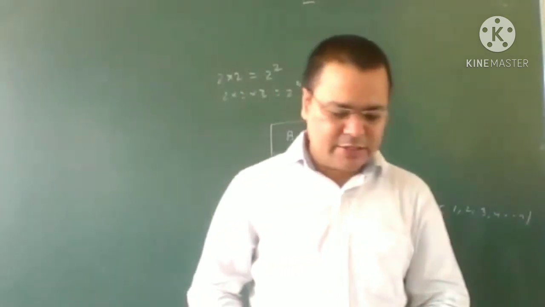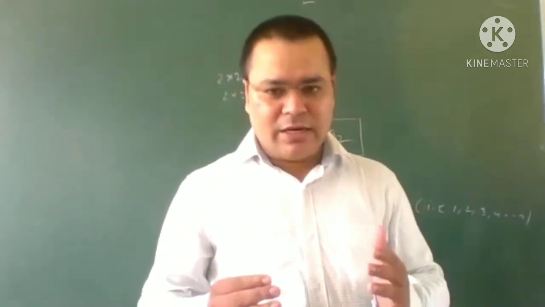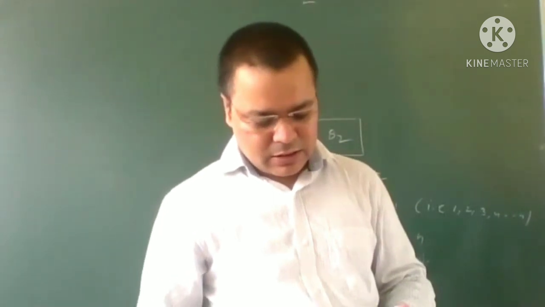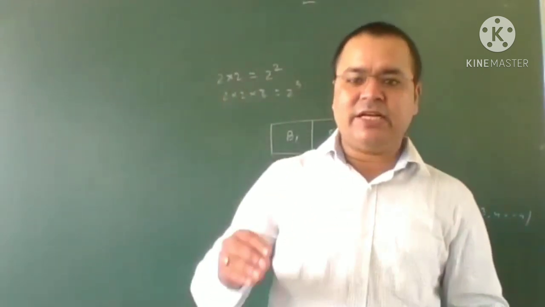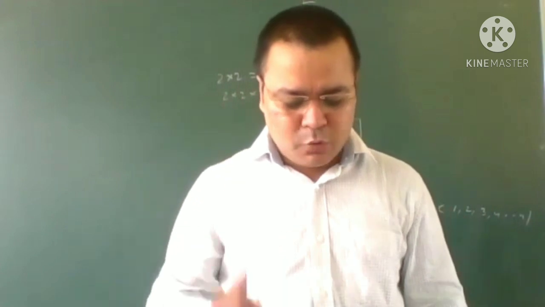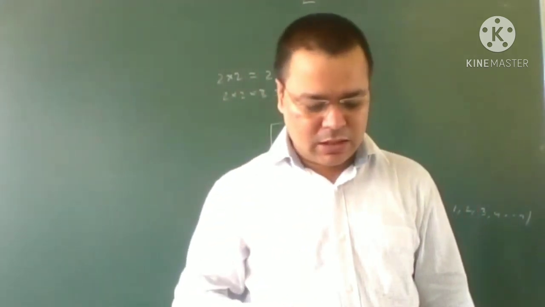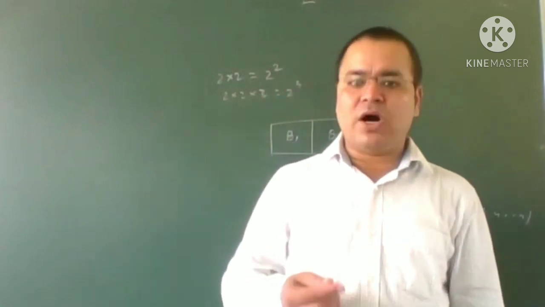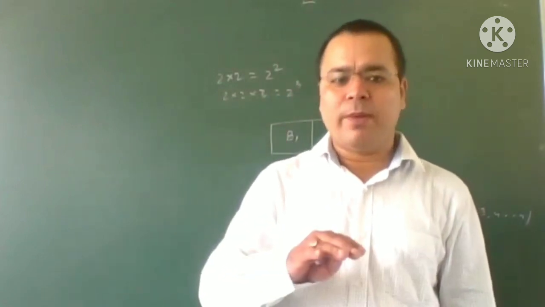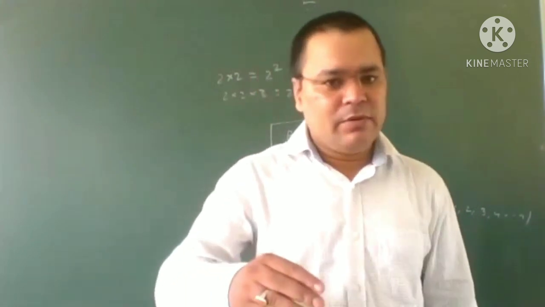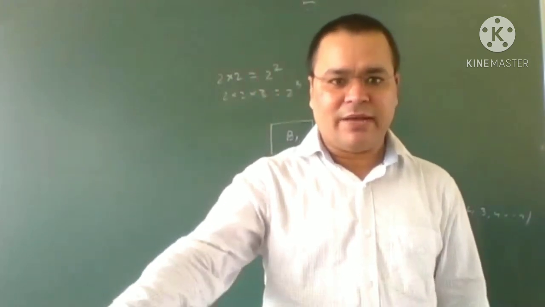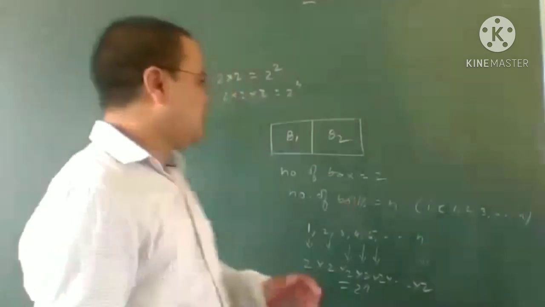The question is, find the total number of ways in which n distinct balls can be put into two different boxes so that no box remains empty. We will give its answer after some time. First of all, we should understand it this way.